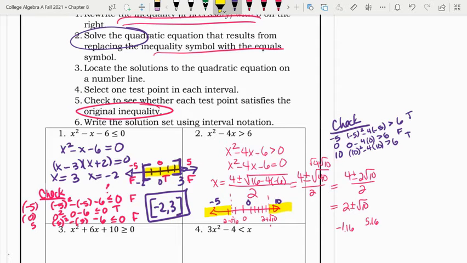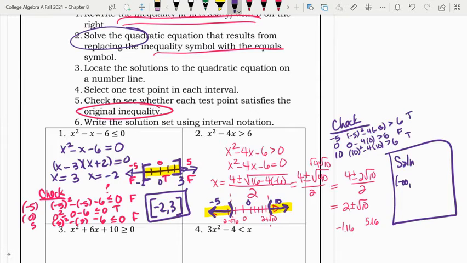So my solution set is, let's do parentheses this time. We're going to go negative infinity to 2 minus the square root of 10, union 2 plus the square root of 10 to infinity.